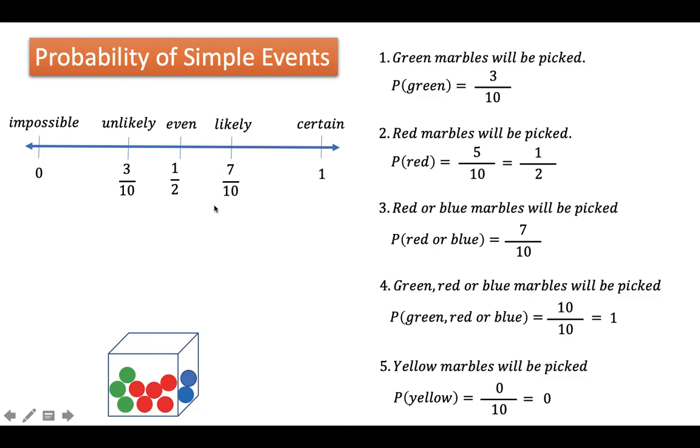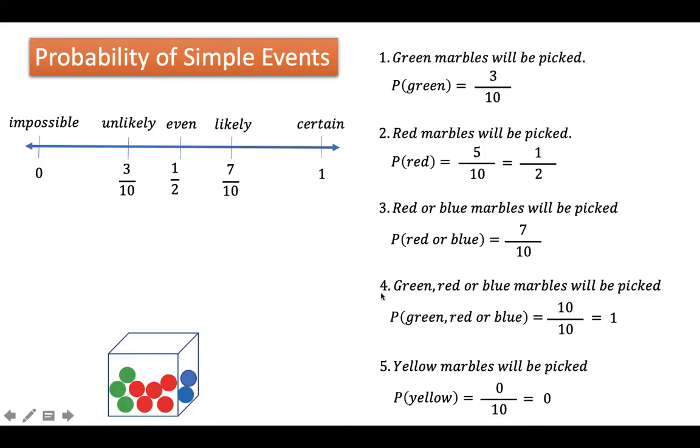So the chance that red or blue marbles will be picked is greater. So that is what is meant by the word likely to happen. Unlikely to happen, there is a possibility, but the chance is smaller. Likely to happen, there is a possibility, and the chance is greater.